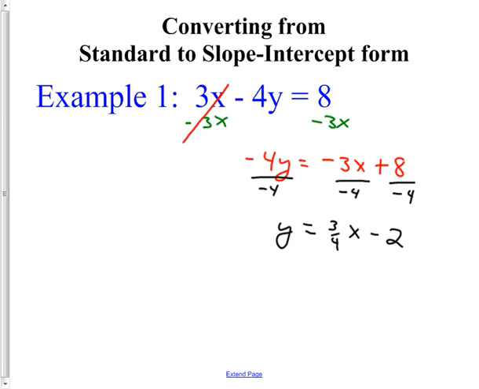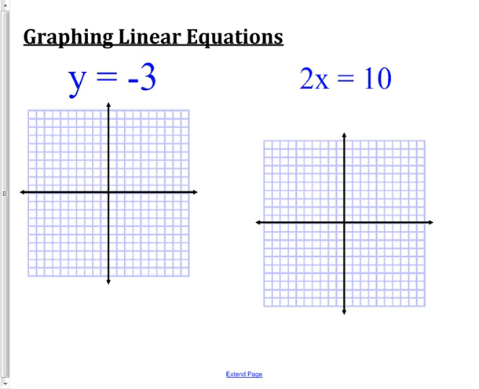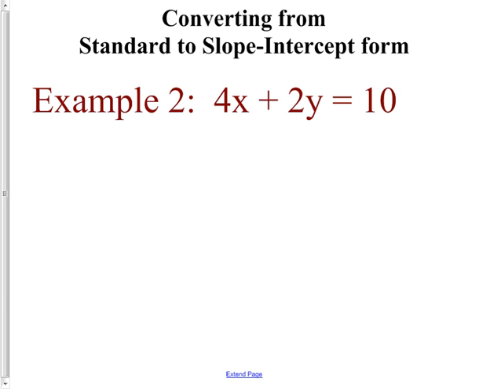One common thing people forget, like over a summer, is that when you are dividing by 4, you don't just do it to each side, you do it to everything. Unlike when you're adding 5, you don't add 5 to everything, you add 5 on each side. When you're multiplying or dividing, you do it to everything. All right, raise your hand if you had 3/4 x minus 2. Good. Moving on.